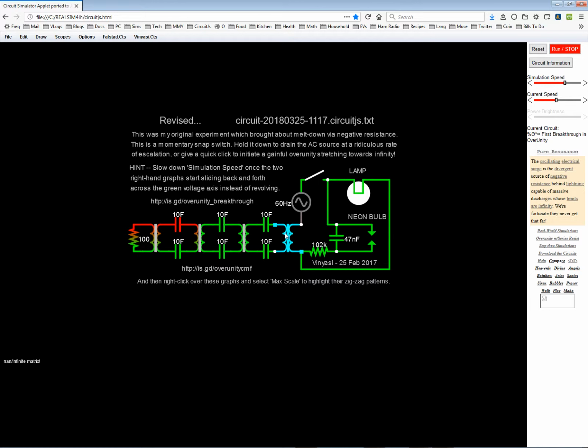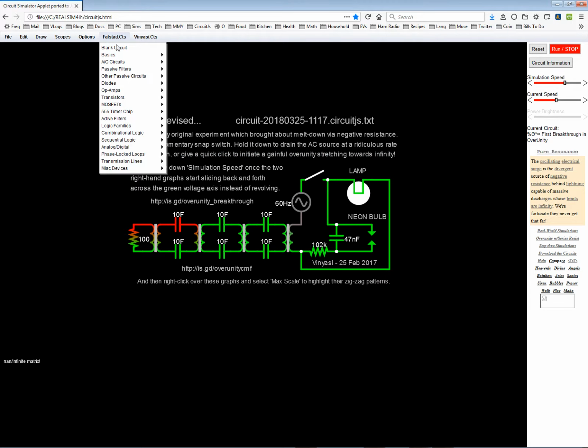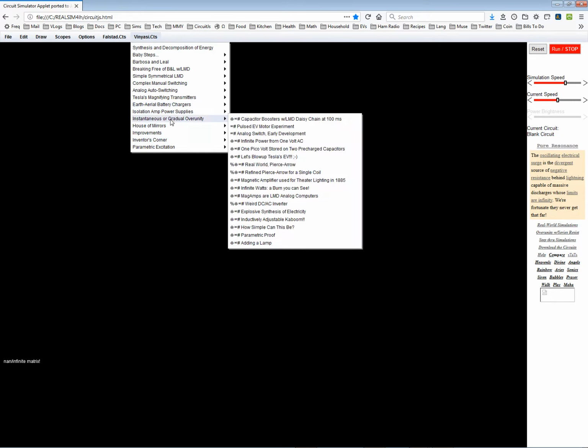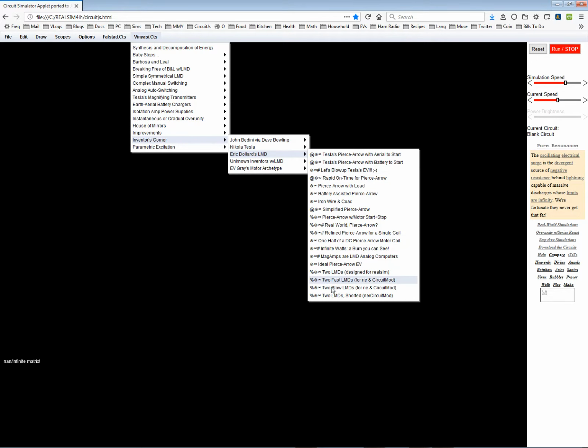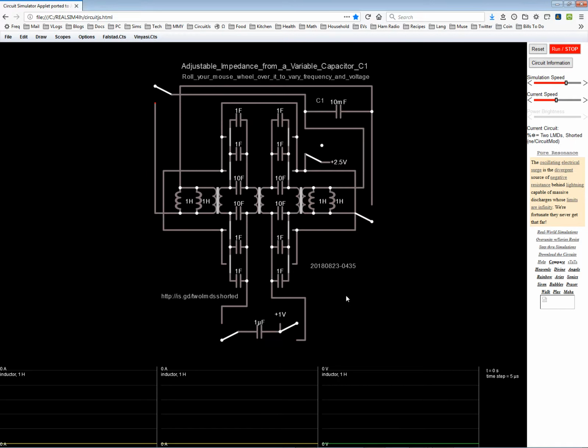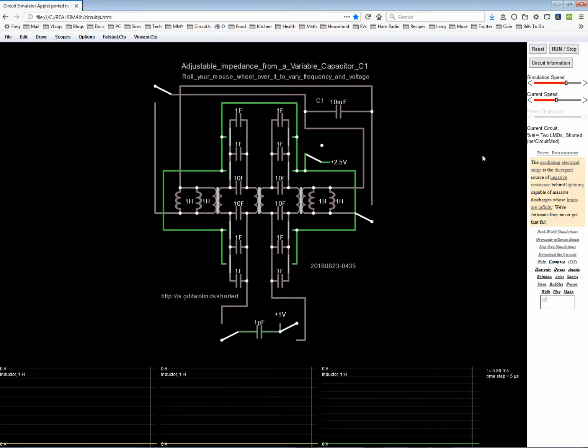So, in fashioning this latest development, I had a really tough time working with the realistic simulator. These others, like this one for instance, are designed for the NE, the previous simulator, the one without equivalent series resistance, and Circuit Mod, which is the Java version. NE is the JavaScript. So they operate fine, but in the realistic simulator, they don't operate very well at all.